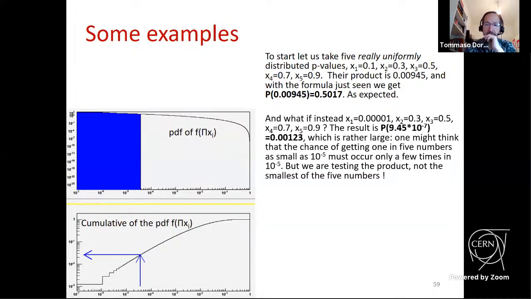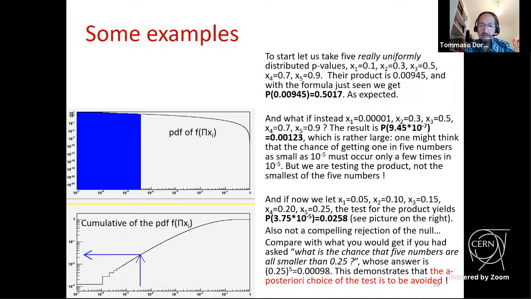So what this tells you is that when only one of the 5 numbers is very small, and you have chosen to look at the product of the 5 numbers, well, this smallness of one of them gets washed away a little bit. So you don't get a 10 to the minus 5 probability for the product, you get a larger probability. Then this also makes sense.